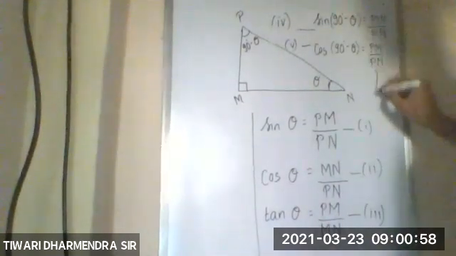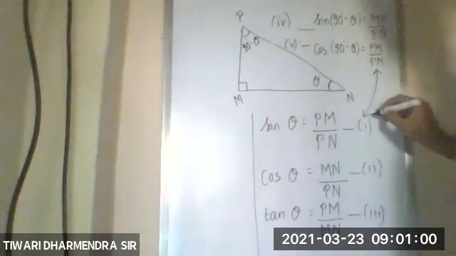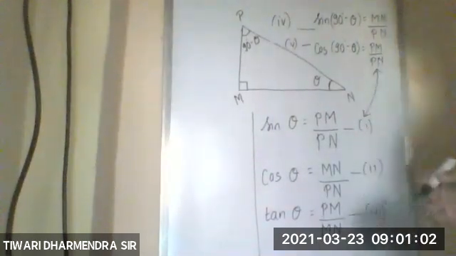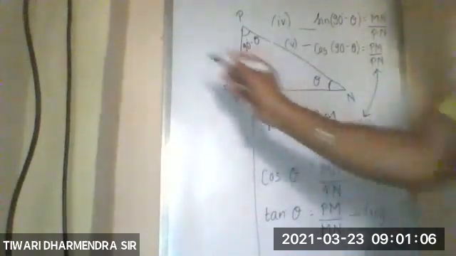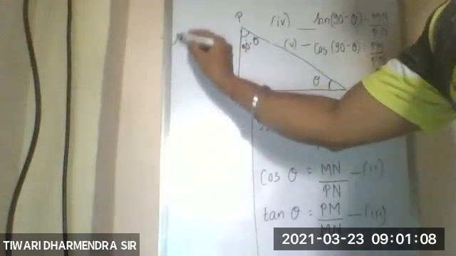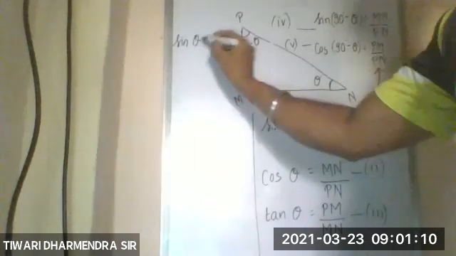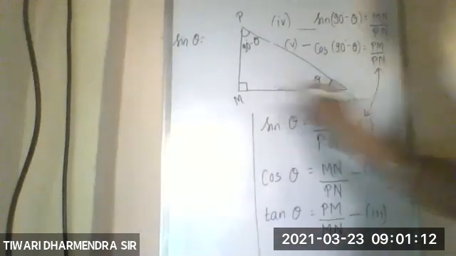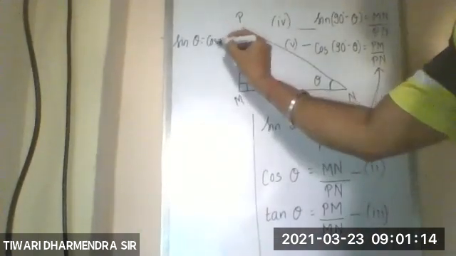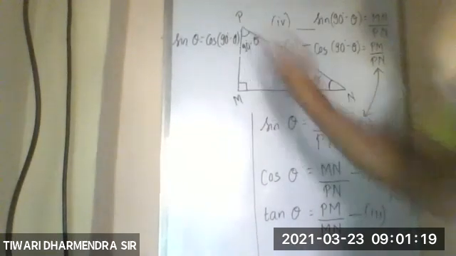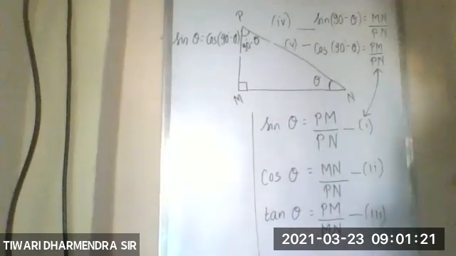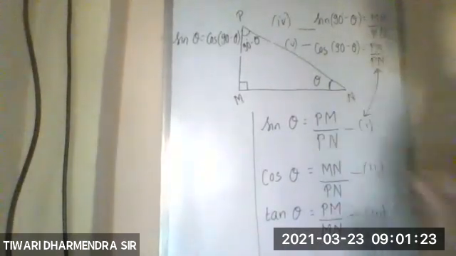So from here we can conclude that sine theta is equal to cos 90 minus theta, from equations 1 and 5.